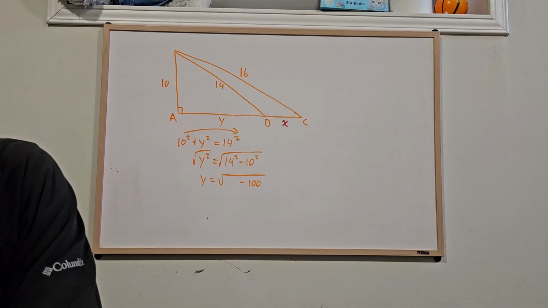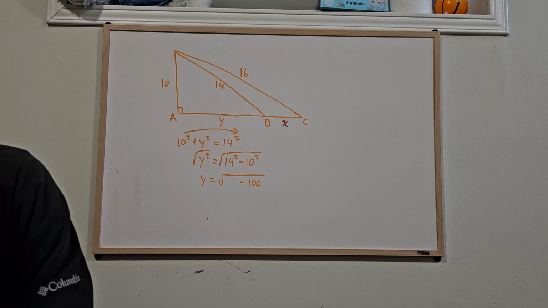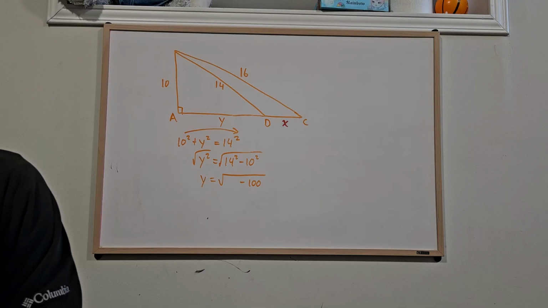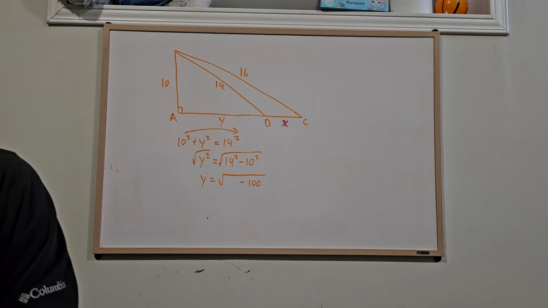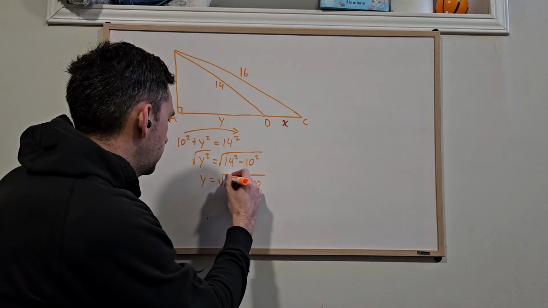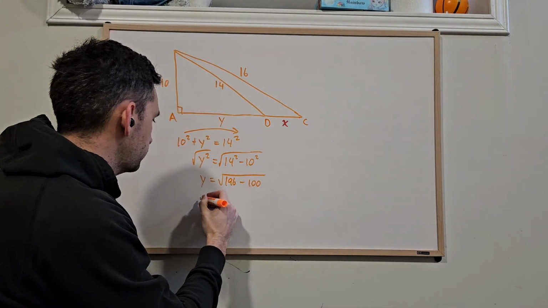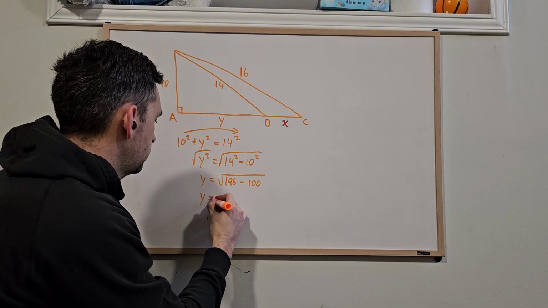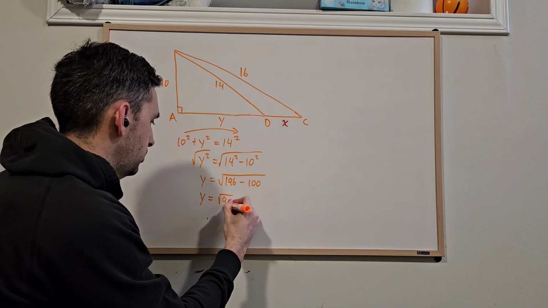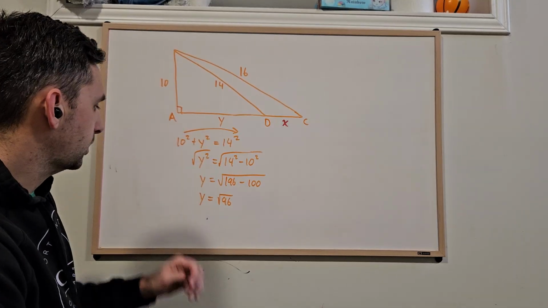And we'll have y is equal to the square root of, what's 14 squared here? That would be 196. So then we have y is equal to the square root of 196 minus 100, which gives us the square root of 96.